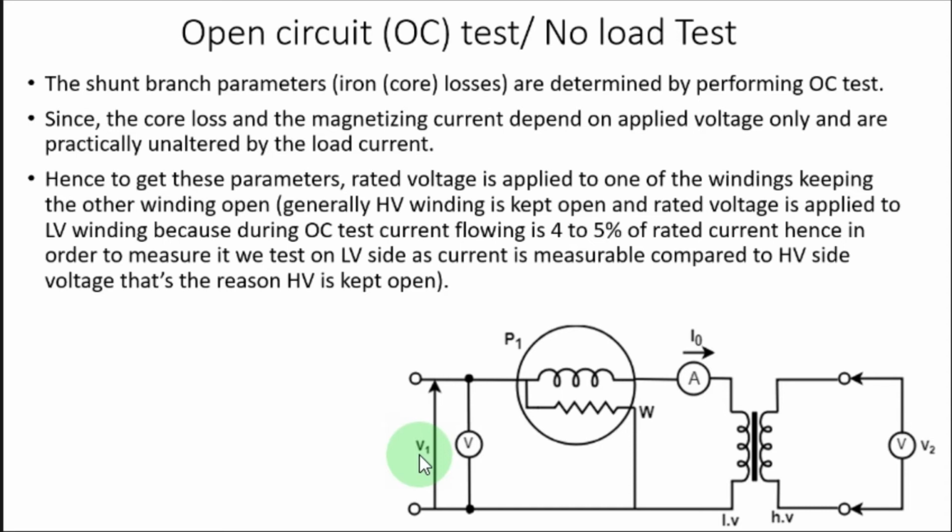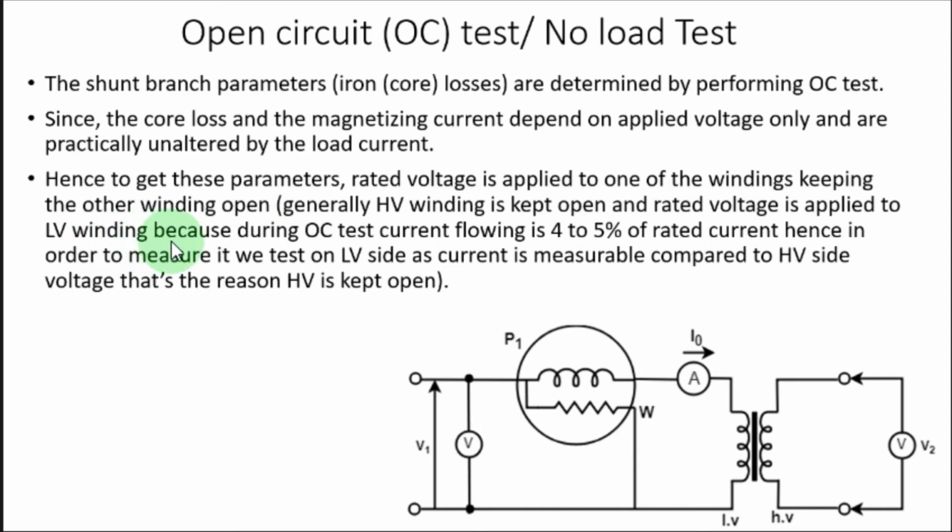So in this test, normally we open circuit the high voltage side. Generally, the high voltage winding is kept open, and rated voltage is applied to the low voltage winding, right?